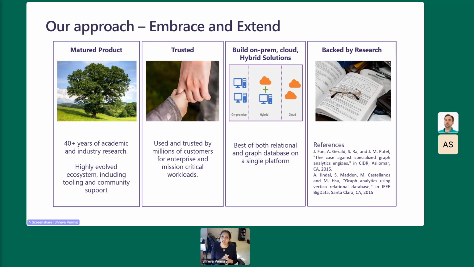And lastly, there was enough research backing the fact that graph database processing can be done within a relational engine, and that relational engines are matured and evolved enough to support graph processing type queries. There was enough research showing that, which gave us confidence that we can build a product like that, which can be used by our customers, and that will help them save, like I mentioned, the licensing costs for 2 different products, and expensive ETL operations.